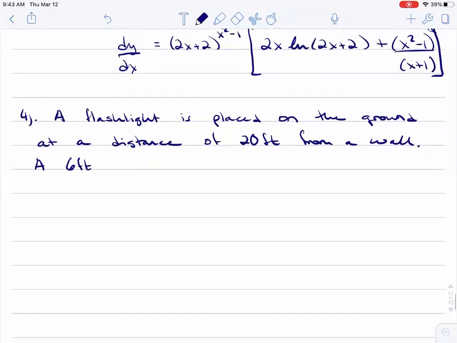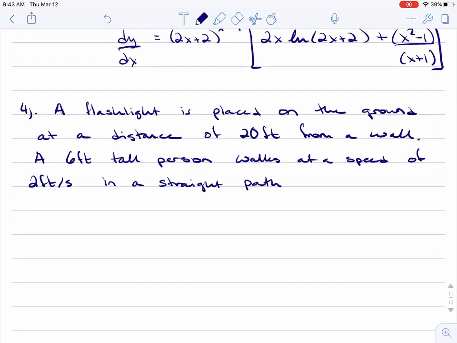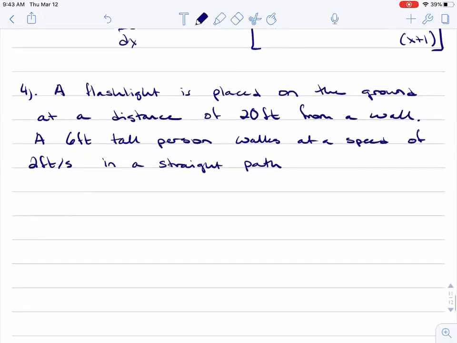A 6-foot-tall person walks at a speed of 2 feet per second in a straight path from the wall towards the flashlight.